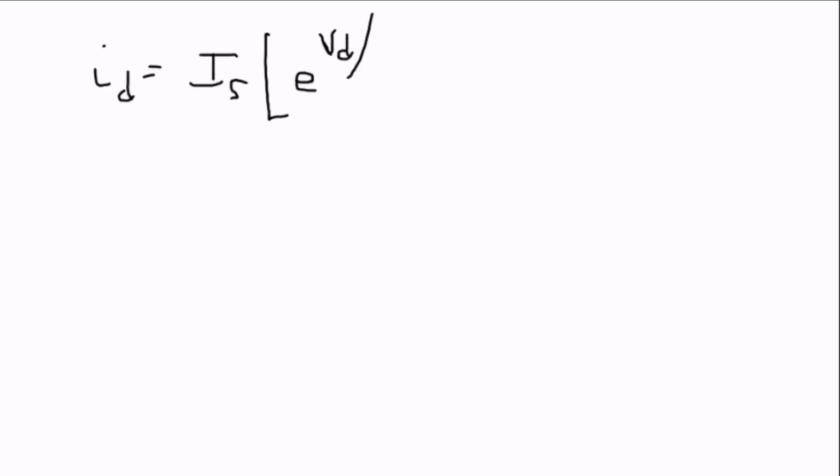We're going to assume it's 1 if it's not given here, so we're not even going to write the 1. And the V here is VT, which we're given, but we won't substitute anything in yet, minus 1. And the problem says we're looking for the saturation current.